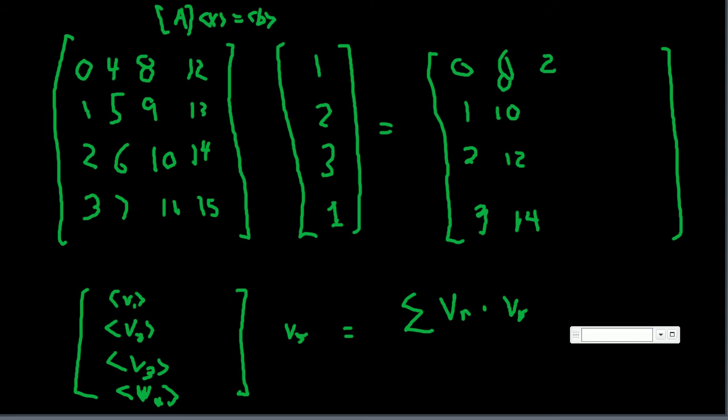No, that would be 24 and 27 and 30 and 33. And now we're back to this interesting vector.